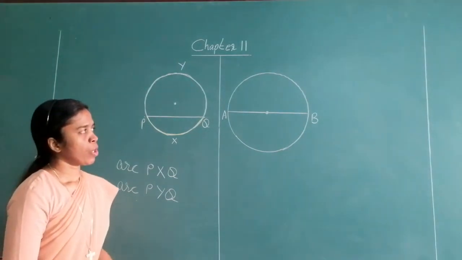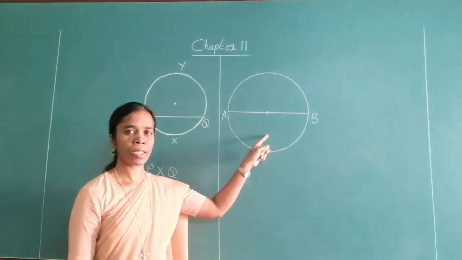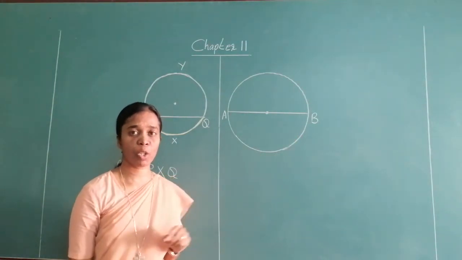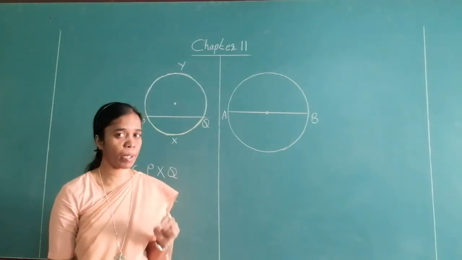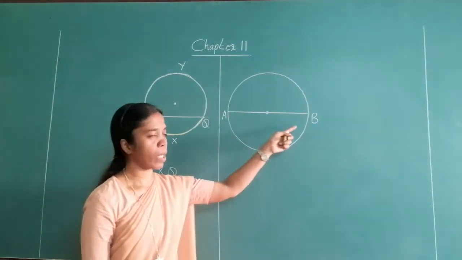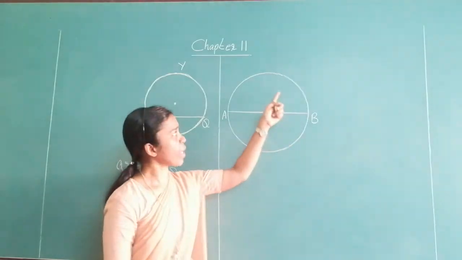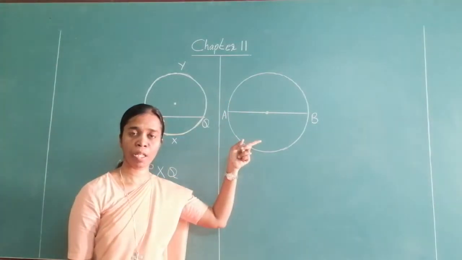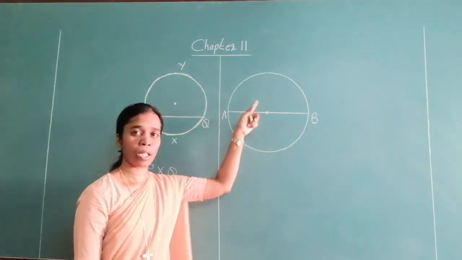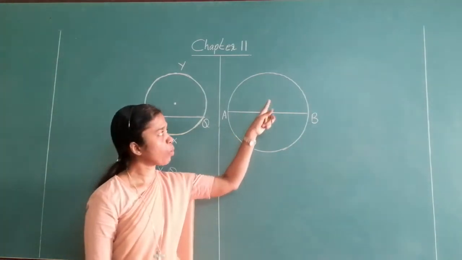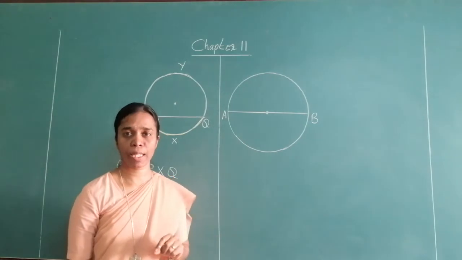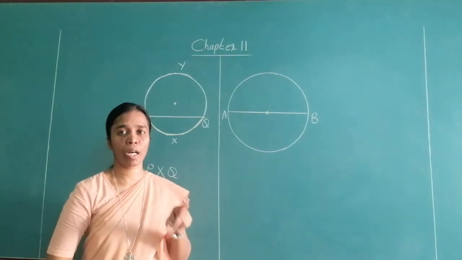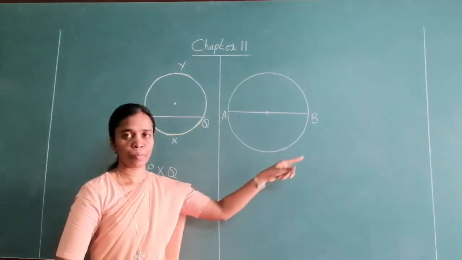Okay. Now, if you look at another circle, is AB a chord? Yes, AB also is a chord and it is the diameter. This chord is again dividing the circle into two parts. We are getting two arcs over there. Can we say major arc and minor arc? No, because both the arcs are equal in size. So we call them semicircular arcs.